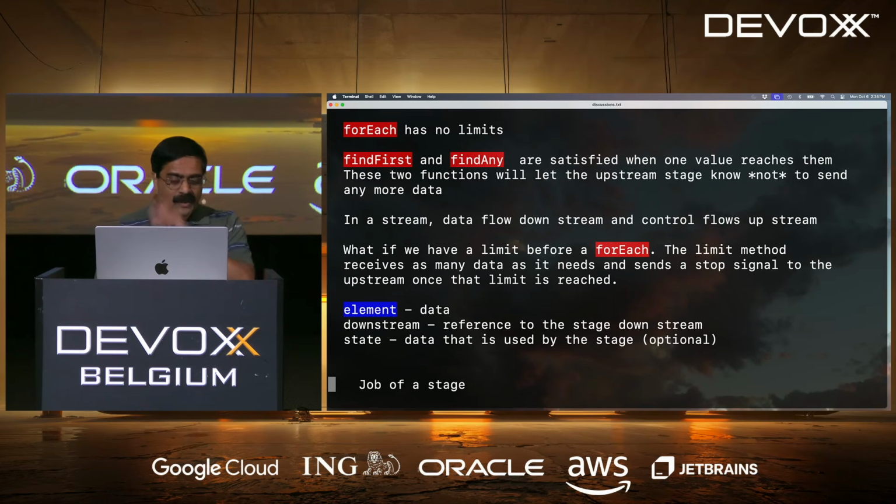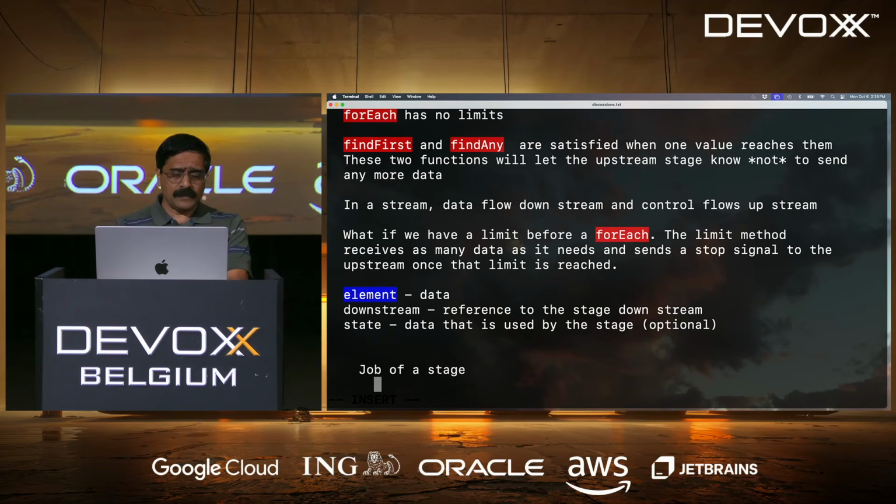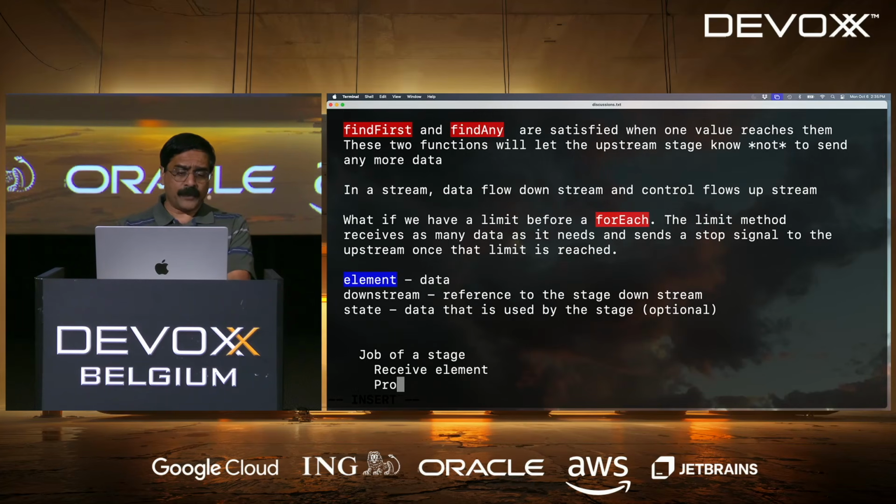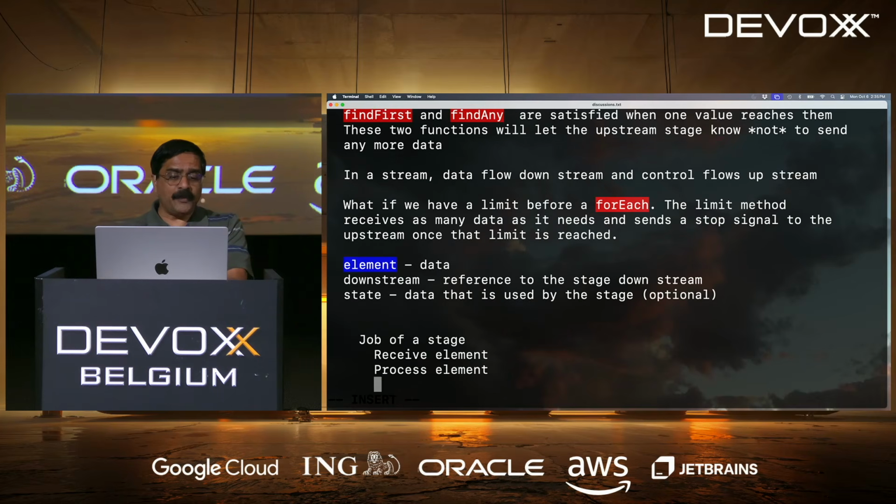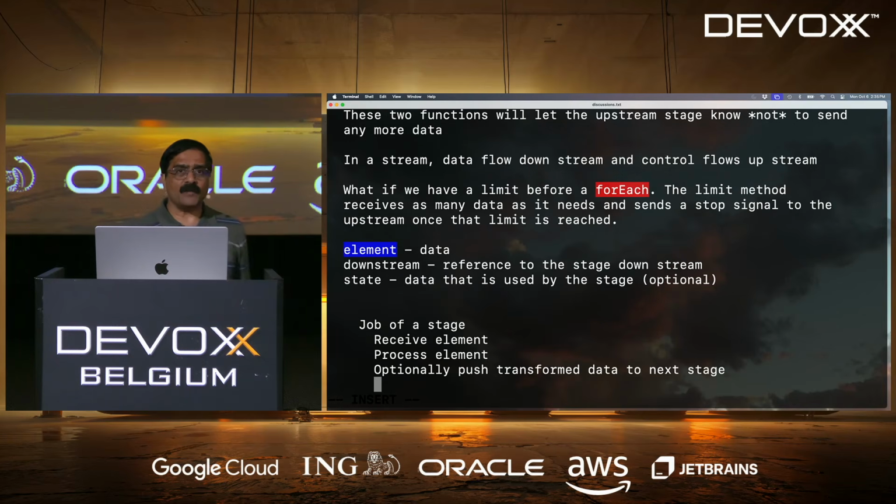So given this, what is the job of a stage? The job of a stage is receive element, process element, that depends on your business logic for the stage, optionally push transformed data to next stage. So that's your job, right? You receive the element, you did the processing you want to process, and optionally push the data to the next stage.